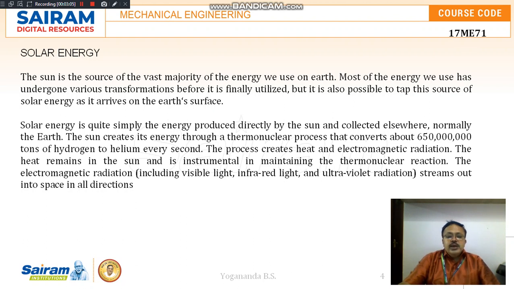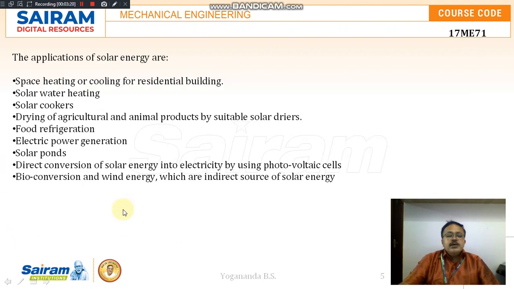This electromagnetic radiation consists of visible light, infrared light, and ultraviolet radiation, which is streaming out into space in all directions. So this is where the solar energy will find its uses.